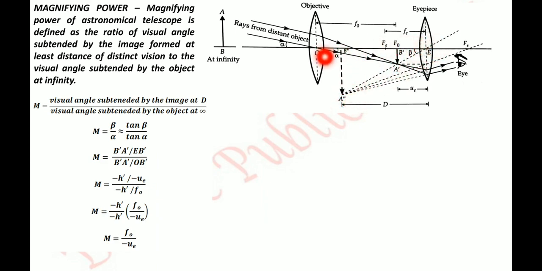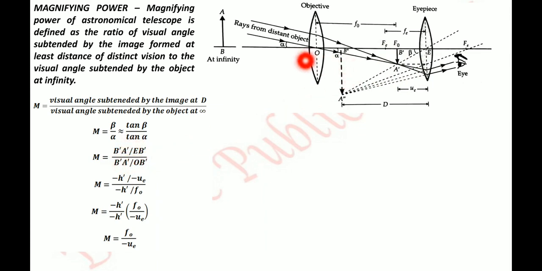In both triangles, angle beta is formed. Now I'm going to take the smaller one, the triangle B dash A dash E. Then tan beta is equal to B dash A dash upon E B dash.